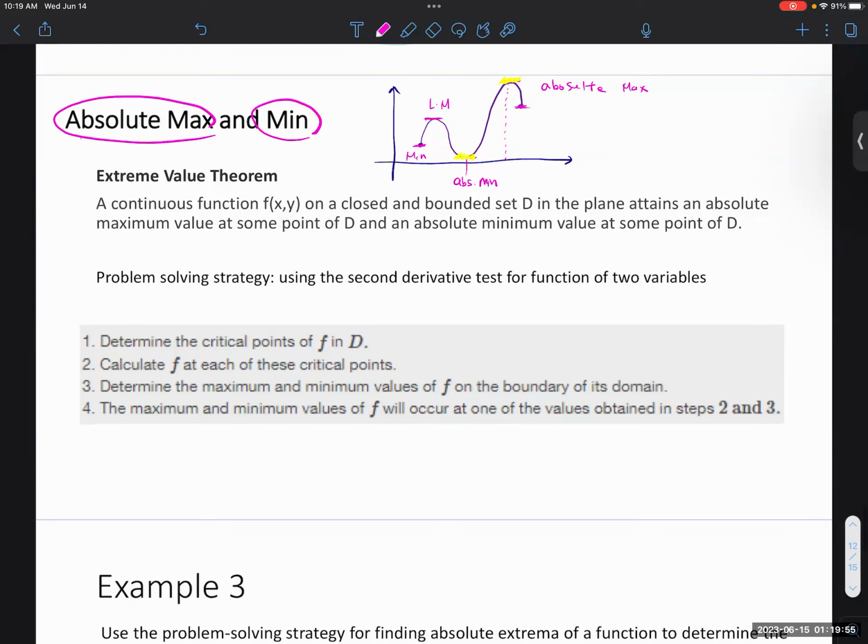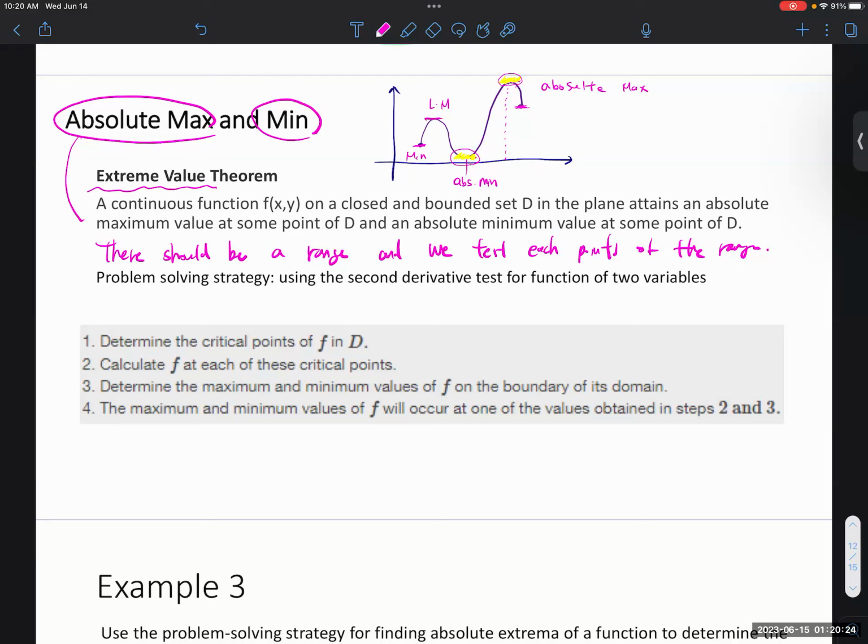So we call that the extreme value, to find the min. To find the absolute max and min, there should be a range, and we are going to test each point of the range. I know it sounds a little abstract, but it's actually not.